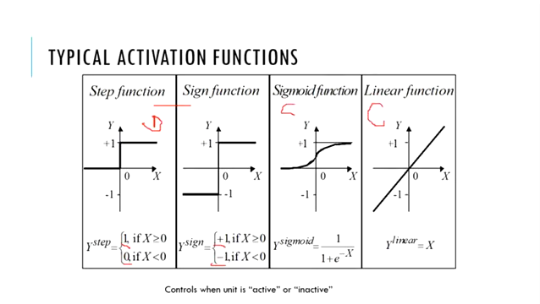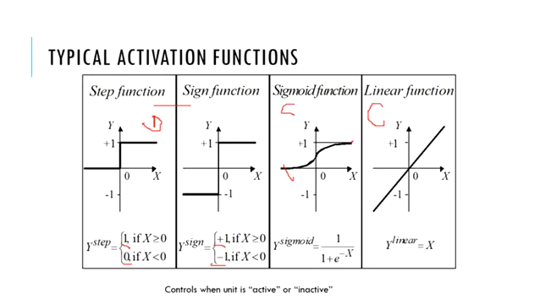So the sigmoid function does have values between 0 and 1. Okay? Its range is again 0 to 1, but these are continuous values and not discrete values as in the step function. Whereas a linear function produces whatever the input was. So please do look at the mathematical formulations of these. A step function has a discrete range: 1 if x is greater than or equal to 0 and 0 if x is less than 0.